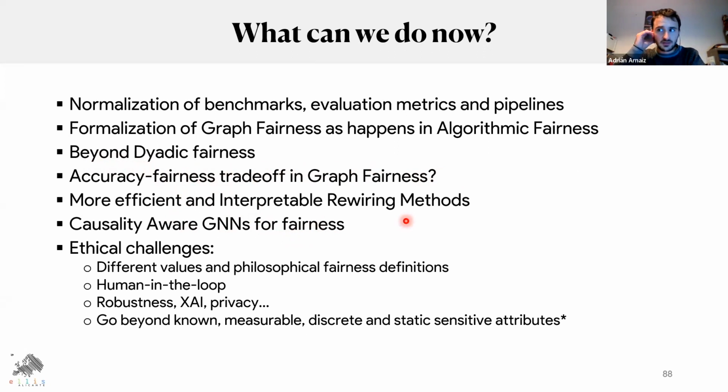There are some methods from Chirag Agarwal and Marinka Zitnik that try to incorporate counterfactual fairness, but we should go deeper in the causality, because I don't know if the current methods for GNNs are aligned with causality, not only in fairness, but also outside fairness. And also there are the classical ethical challenges that we have also in algorithmic fairness.